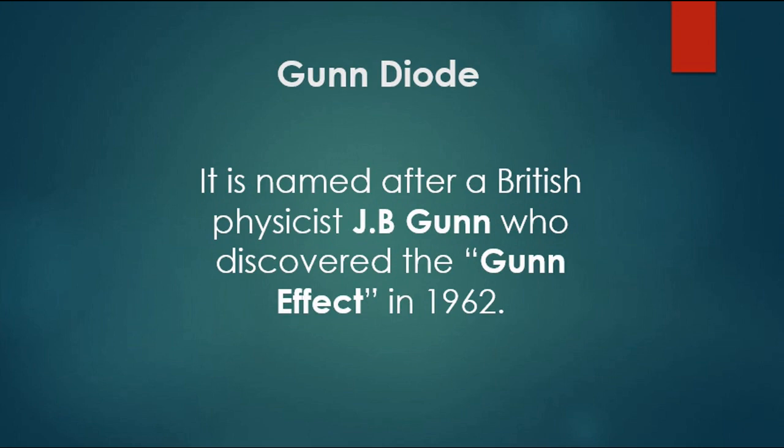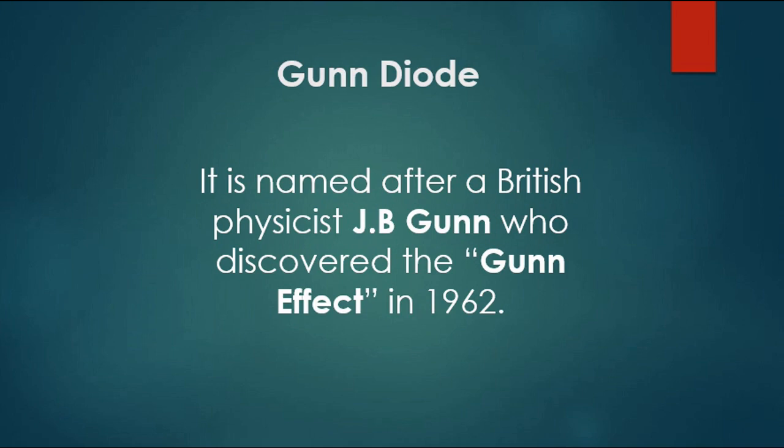It is named after a British physicist, J.B. Gunn, who discovered the Gunn diode in 1962. A man called J.B. Gunn discovered this diode, and it was named after him.